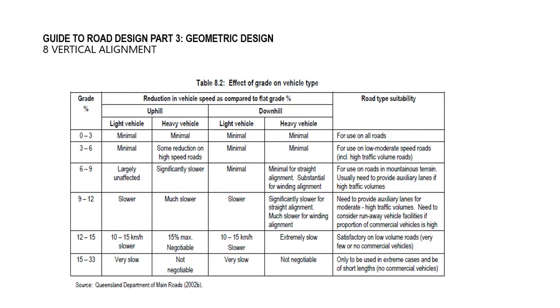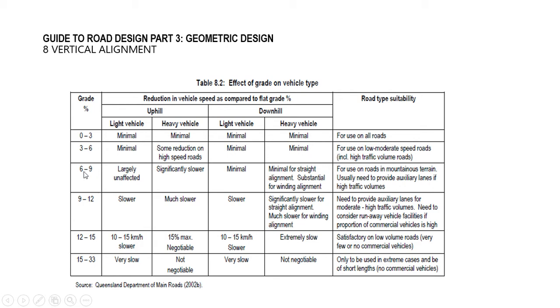Before going into the software, I would like to go through some of the Australian Standard, the Guide to Road Design, Geometric Design, section 8, vertical alignment. Here it says the grade requirement and the reduction in speed.